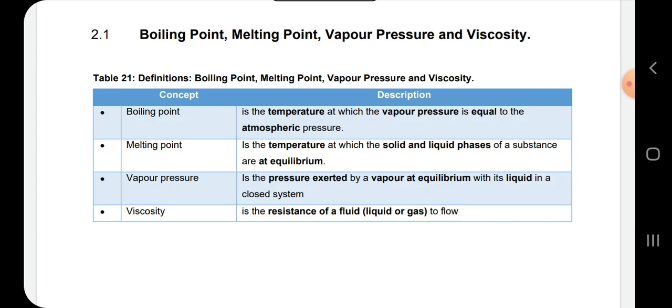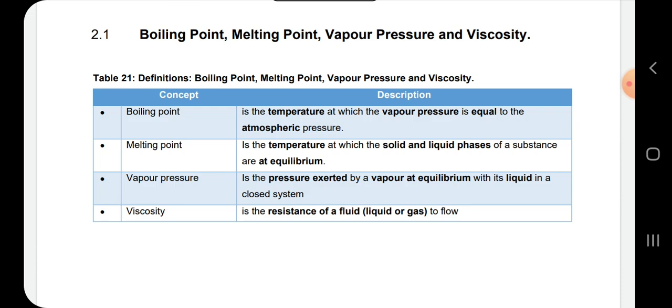The concepts that you have to know: boiling point is the temperature at which the vapor pressure is equal to the atmospheric pressure. These descriptions written here look like the ones in the examination guideline, but you have to have the examination guideline.